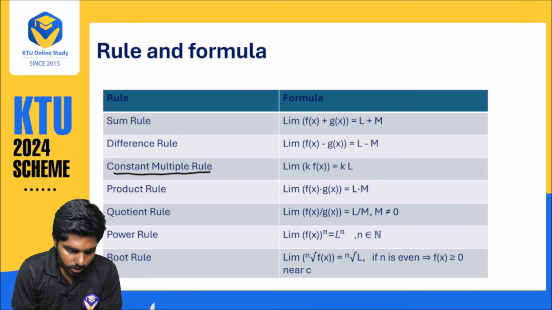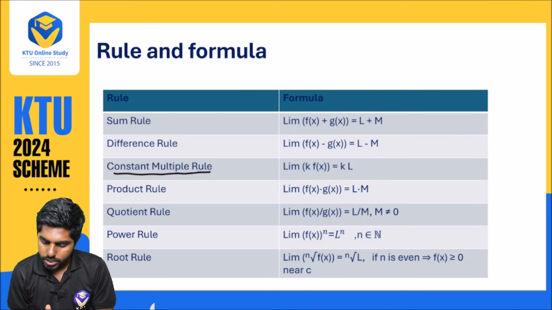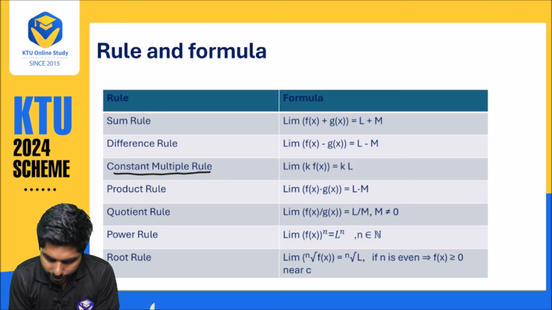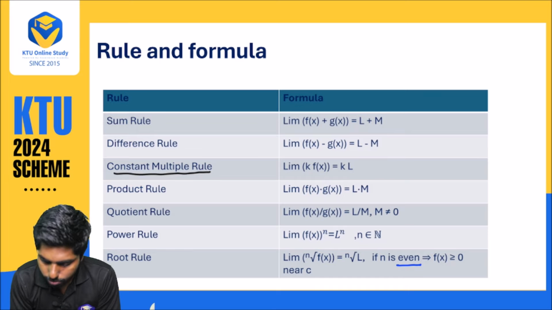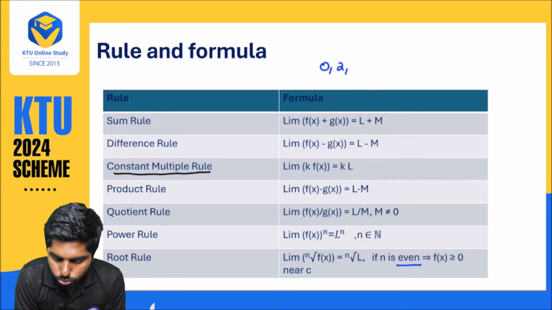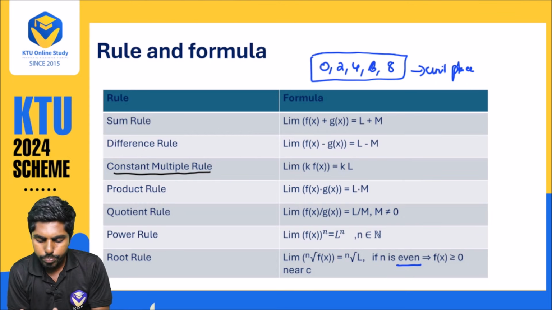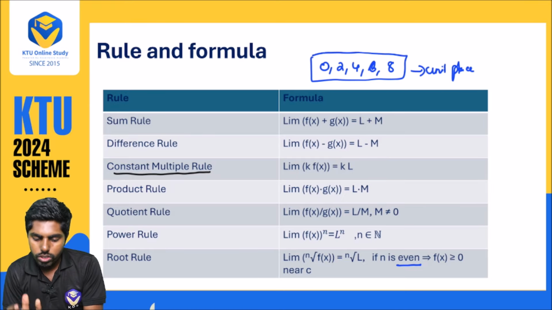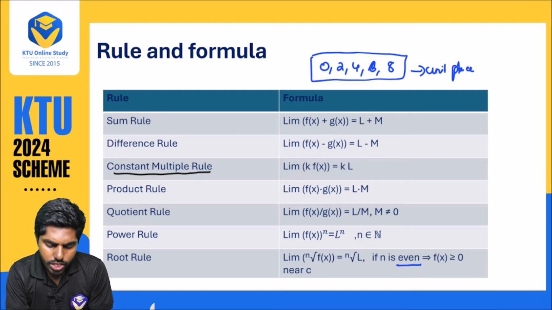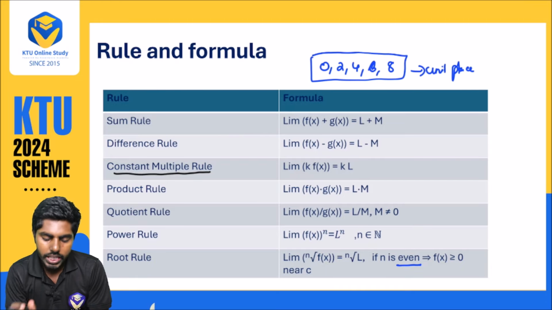Now the root rule is similar. Same manner, the root rule also exists. If n is an even number, you want to be very careful about the condition. What are the even numbers? 0, 2, 4, 6, 8. These are the even numbers, with 0, 2, 4, 6, 8 in the unit place. Whenever the unit place is 0, 2, 4, 6, 8, that is called an even number.